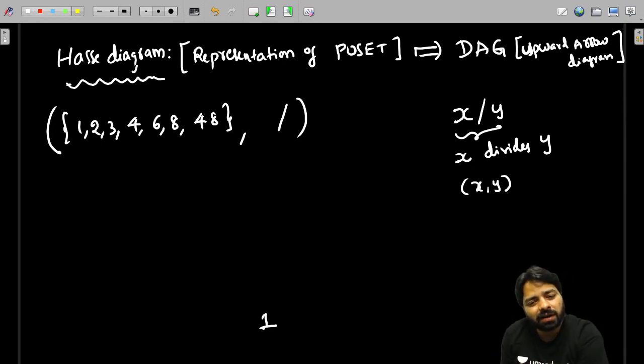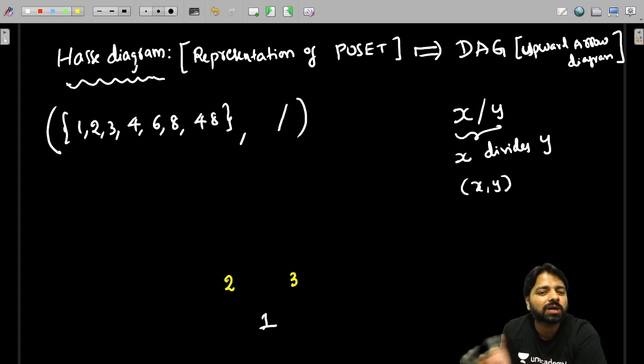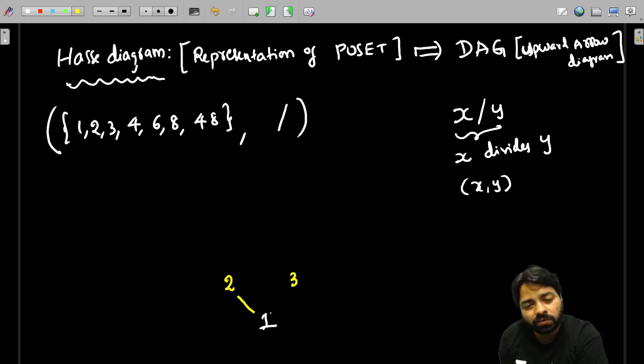Next level, 2 I am taking, 3 I am taking, because all the remaining elements are definitely divisible by either 2 or 3 only. If you have a 5, 5 also I am going to take. Remember that. But 2, 3 is enough. 1 divides 2 and 1 divides 3. Actually that is an upward arrow, but we don't show that.